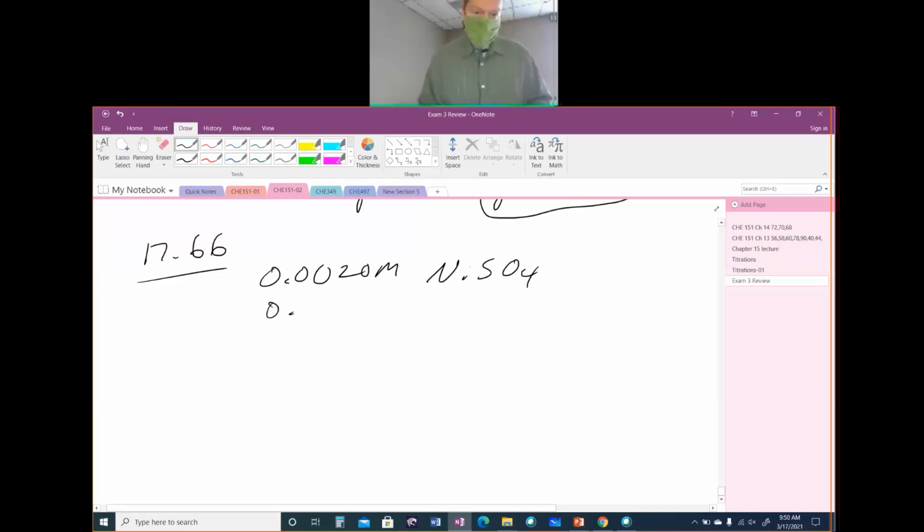We've got 0.010 molar of sodium hydroxide. And we've got 0.1 molar of NH3.